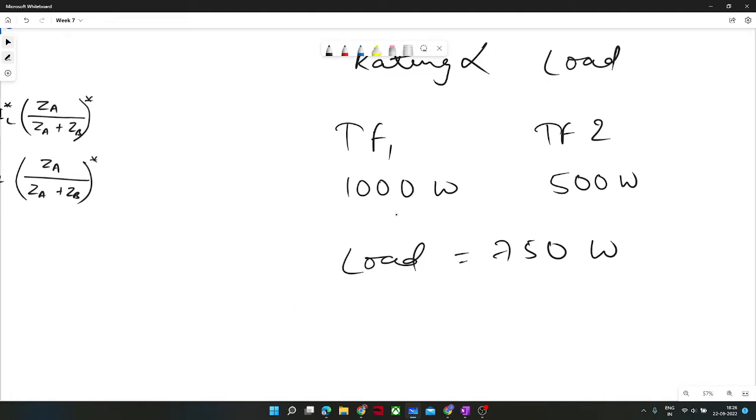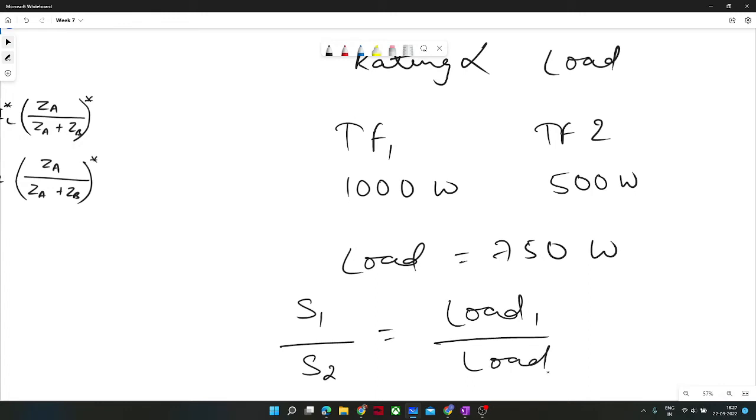The power that should be supplied from transformer 1, S1 divided by S2, should be proportional to load 1 by load 2. Let's say I have divided the load into two parts.